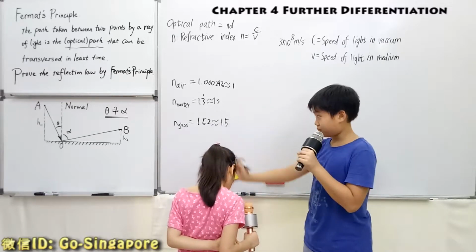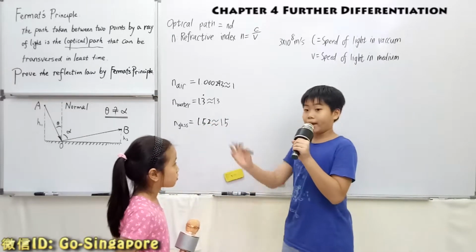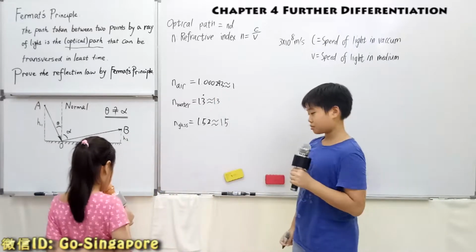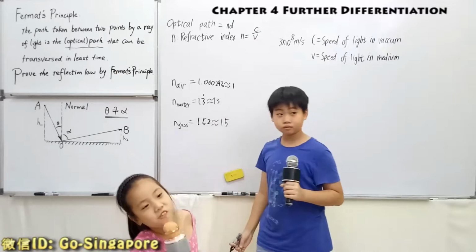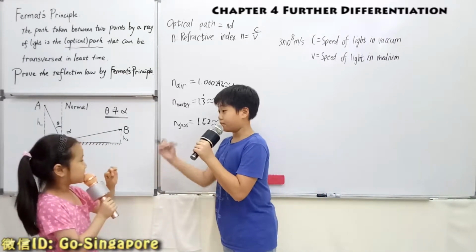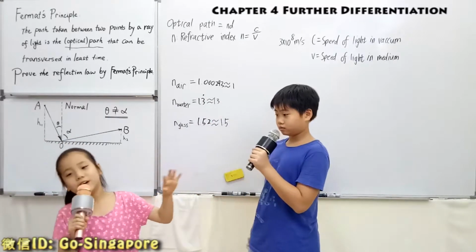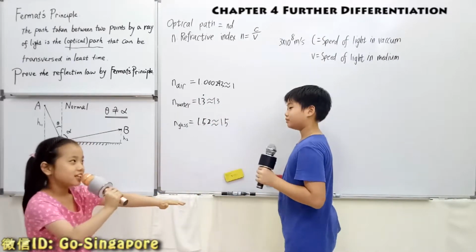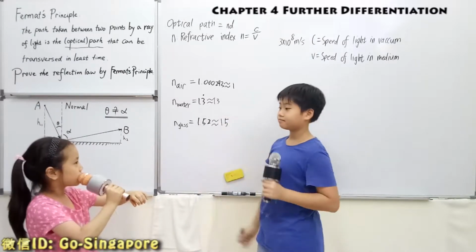So what does it mean? If this n is bigger, it means that it's slower. Bigger means slower, right? What if it is closer to 1?